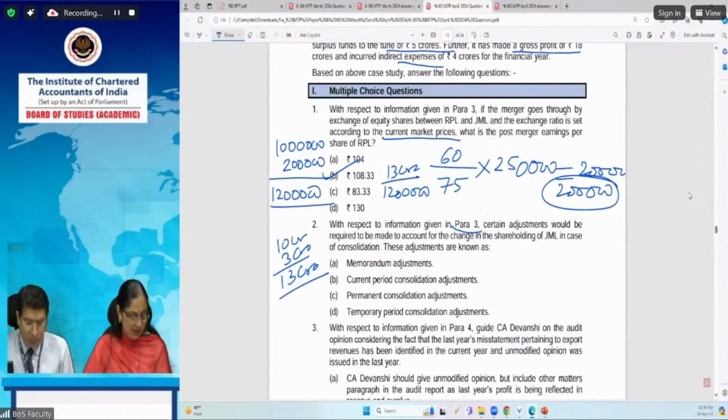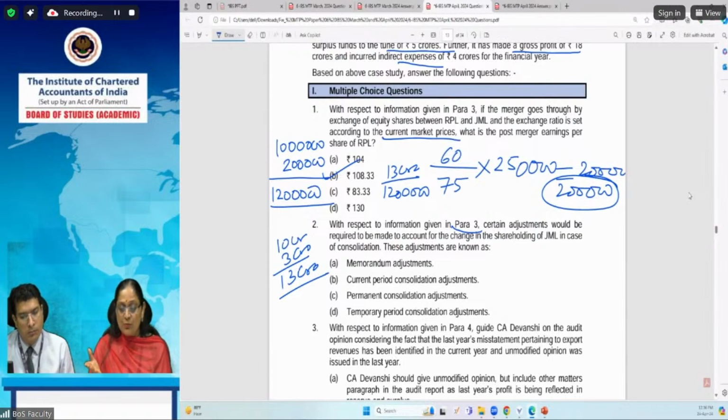You try to understand, this question is talking about change in shareholding pattern, right? So when we are talking about change in shareholding, whether it will be considered as a memorandum adjustment, or current period consolidation adjustment, or permanent consolidation adjustment, or temporary period consolidation adjustment. I think you all are aware. If you find any difficulty, you can let me know.